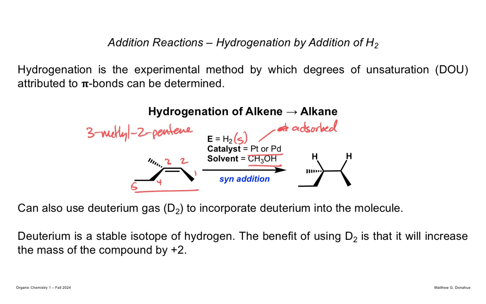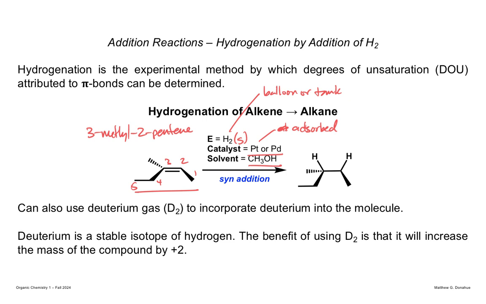So this is typically with a balloon. Or a tank. So with a balloon, that's 1 atmosphere. With a tank, you can pressurize it, assuming you have a nice vessel that will contain that.